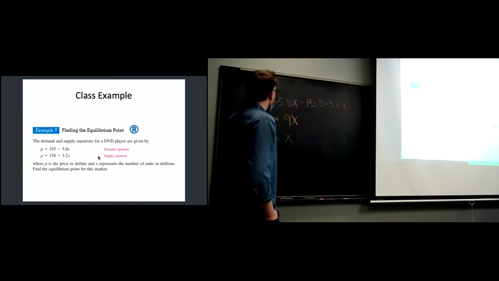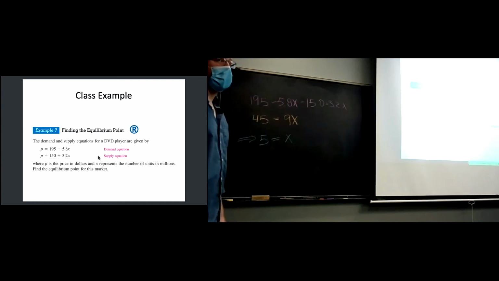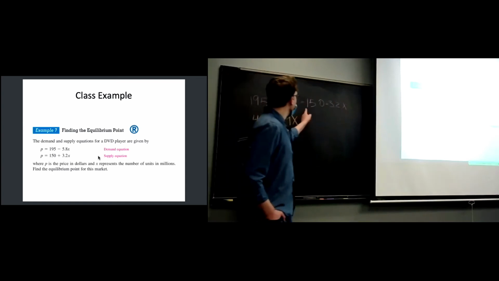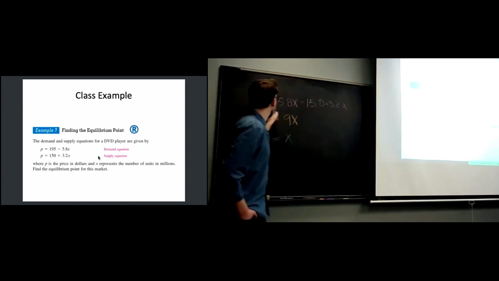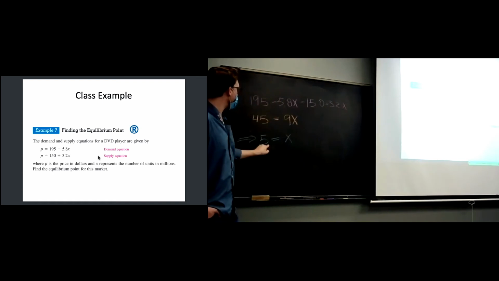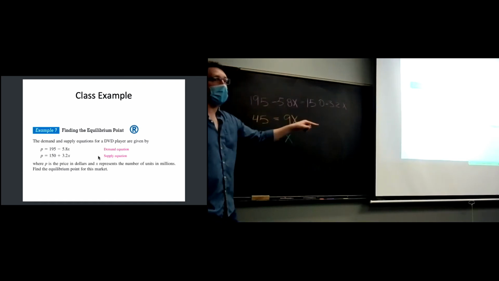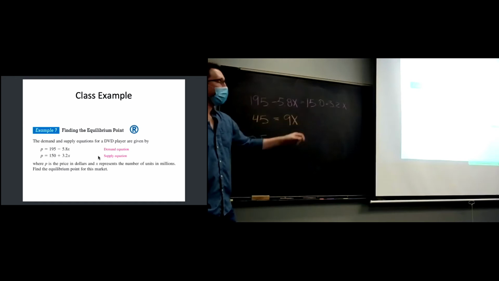Now we need to find the price that makes that happen. Personally, I like this equation more than I like this equation. But if we want to find the price that makes this happen, we need to plug this x value back into either one of those equations, right?